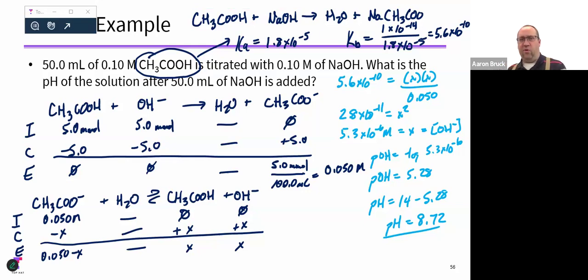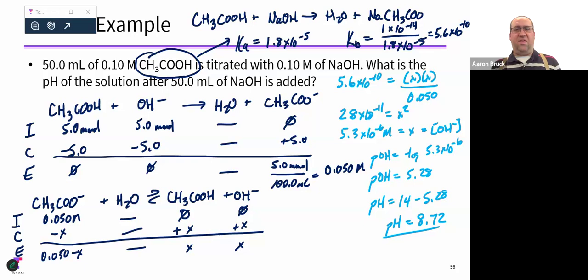And like I said before, this particular brand of calculation is the most difficult. The reason it's the most difficult is because it's the longest. In addition to doing the stoichiometry, you've got to flip around the equilibrium, you've got to calculate a new value for K. There's lots of stuff that you have to do and lots of little mistakes that you can make along the way.